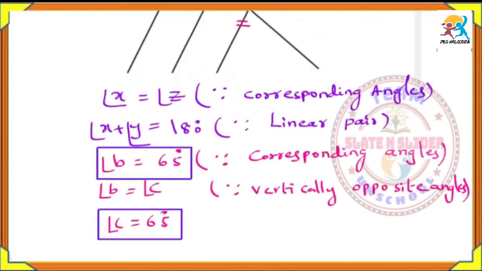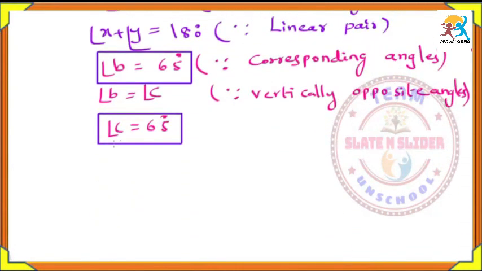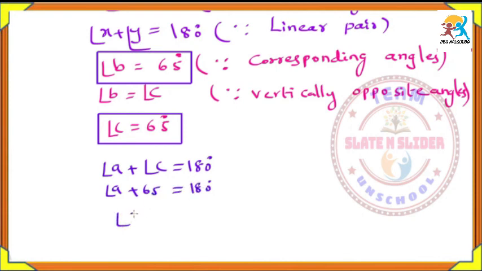And angle A plus angle C is equal to 180 because these two are linear pair. So, we will write angle A plus angle C is equal to 180 degrees. We will substitute the value of angle C. So, angle A plus 65 is equal to 180 degrees, and angle A is equal to 180 minus 65 degrees. So, angle A is equal to 115 degrees.